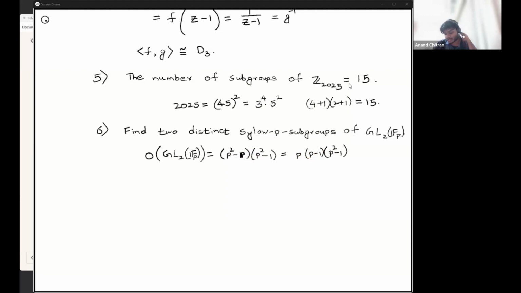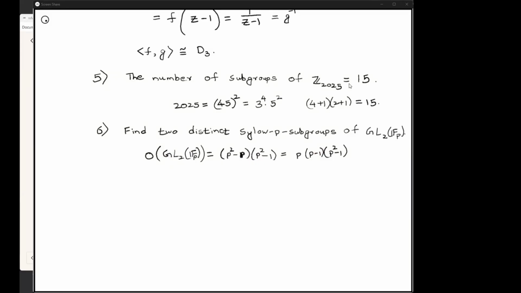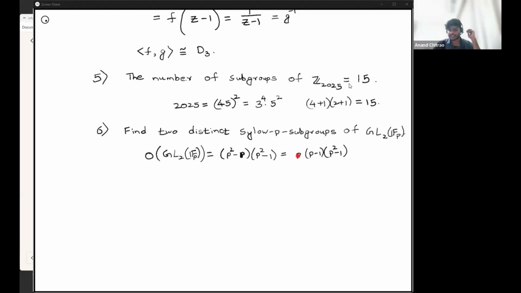That means the order of a Sylow p-subgroup of GL2(Fp) is p. Yes, only p, not p squared, not p cubed, just p. So now tell me some subgroups of GL2(Fp) of order p.